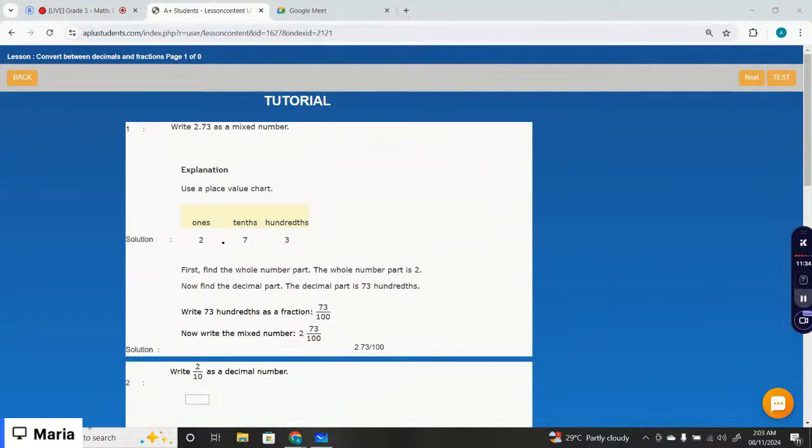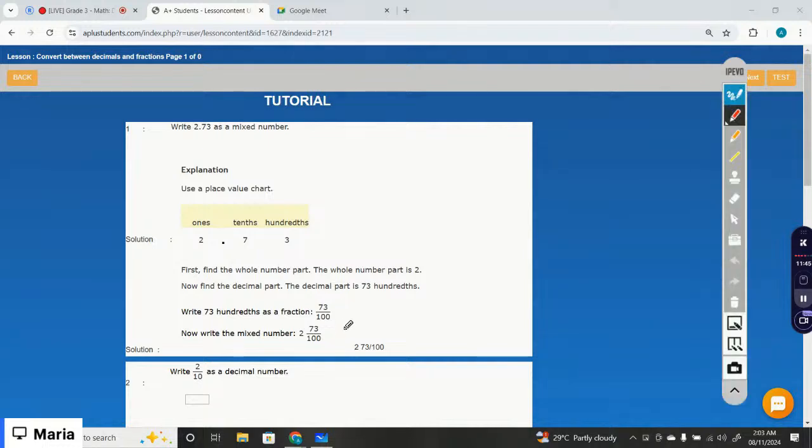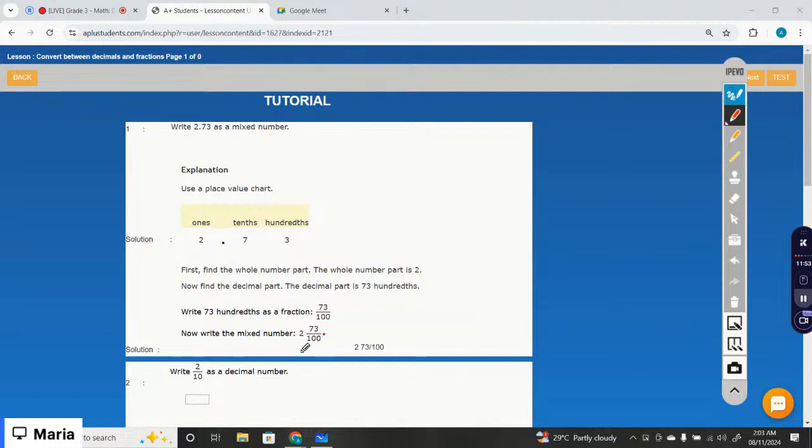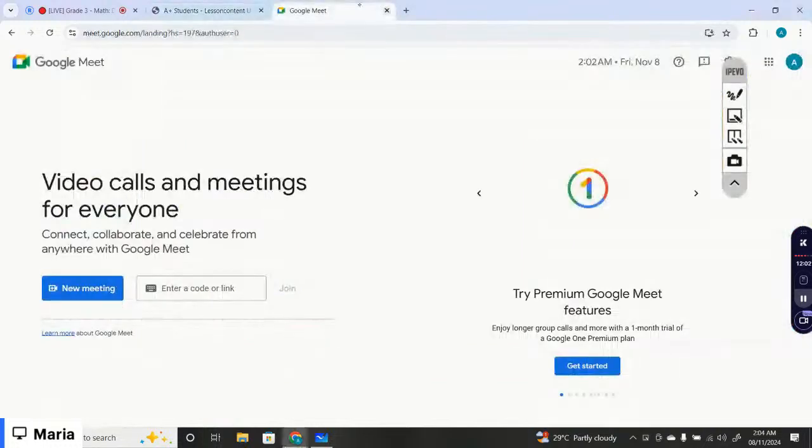You have 2.73. The whole part is 2 and the decimal part is 73. You can write the decimal part as 73 over 100, because that is 73 hundredths. So in mixed number form, you can write it as 2 whole 73 by 100. Got it?